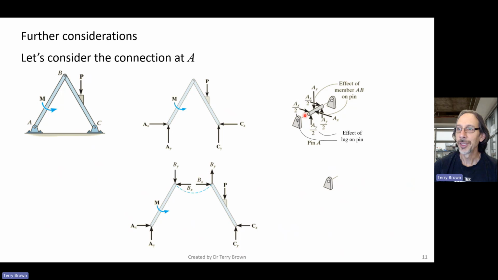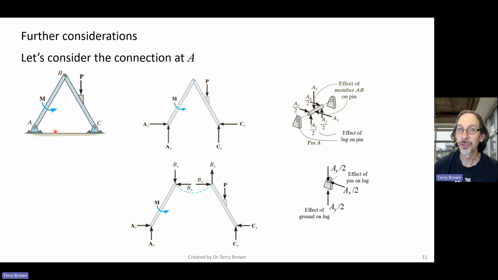Then we can go even further. What's the effect of the pin on this lug part of the clevis? Equal and opposite to what this lug exerts on the pin, the pin exerts on the lug, and we have the horizontal one as well. And then the ground, or in fact, not really the ground, this base plate.